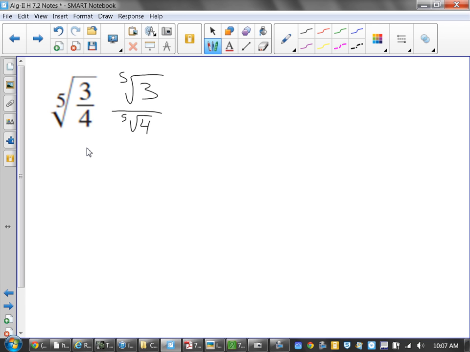You multiplied by that factor of 1. Remember that? Yes. So in this case, our factor of 1 would be multiplying top and bottom by the 5th root of 4. So I get the 5th root of 12 over the 5th root of 16.